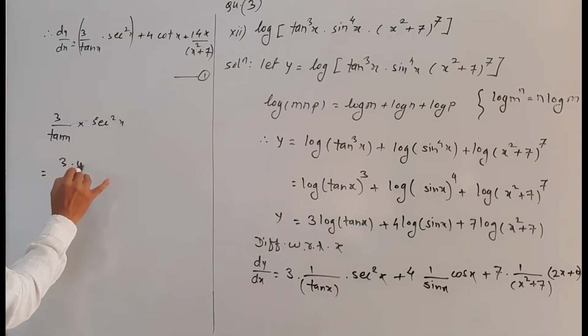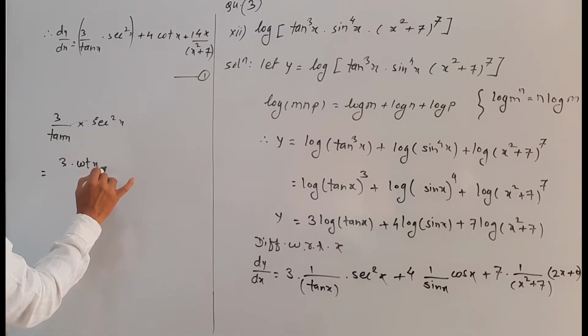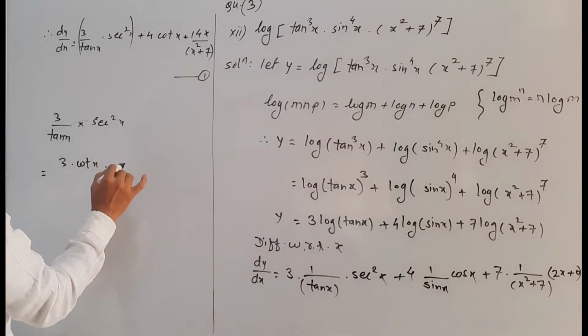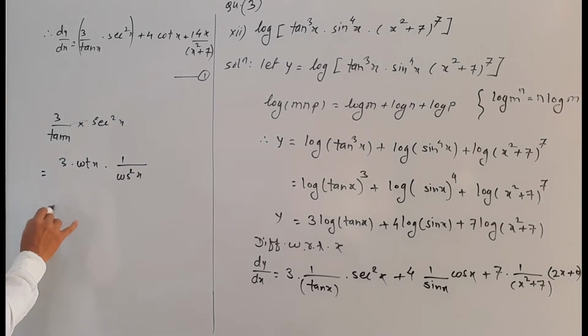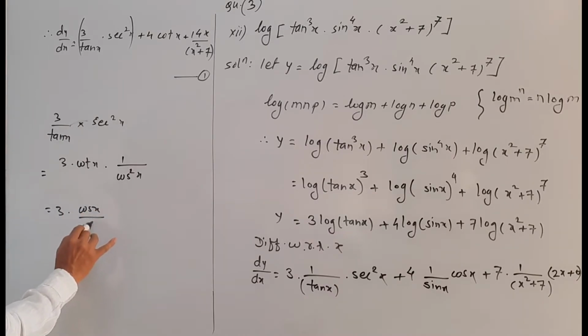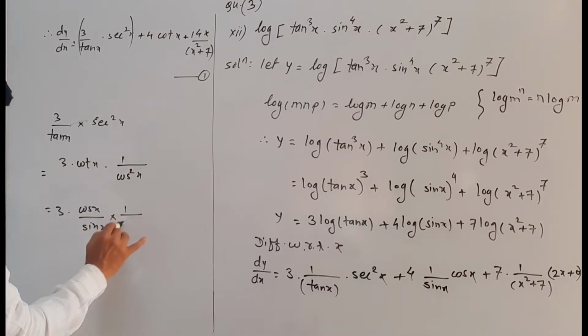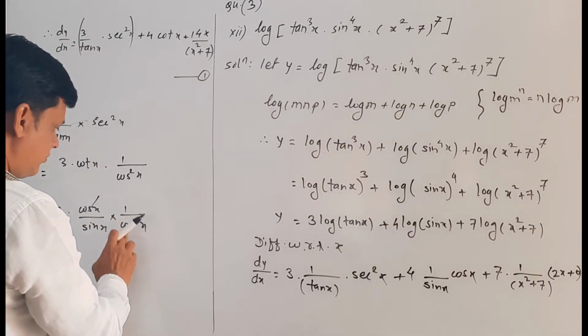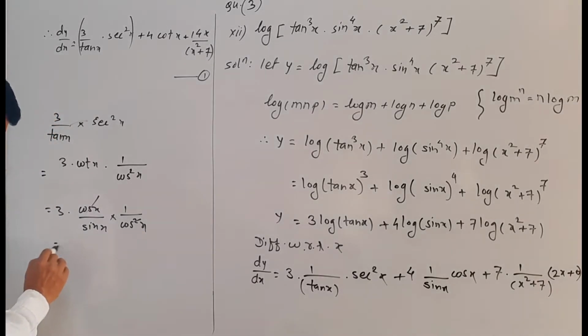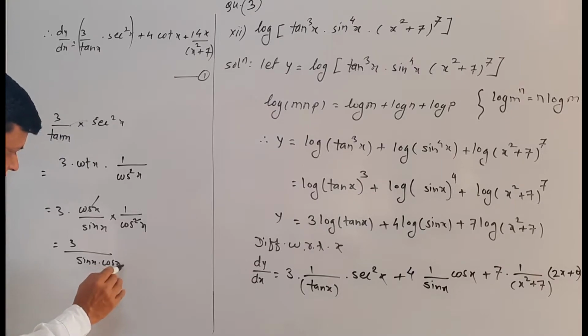So we write this as 3 into cot x into sec²x, which can be written as 1 upon cos²x. So we write 3 into cot x as cos x upon sin x into 1 upon cos²x. So this cos²x gets cancelled with 1 cos x from this, and we get here 3 upon sin x into cos x.